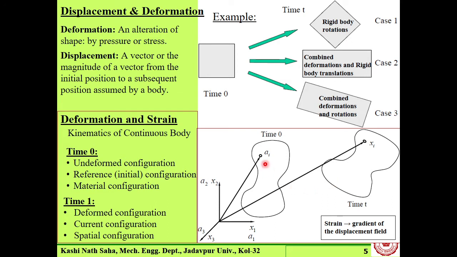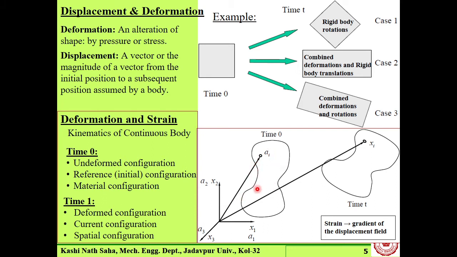So in describing the deformation and strain, we need to define this initial configuration. This is known as the undeformed configuration. And then this deformed configuration also needs to be defined, after deformation, time 1 means after deformation.